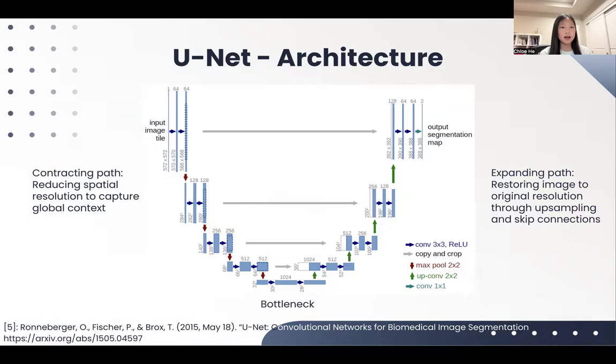How it works is that the data is passed through the contracting path, which determines what exactly is in the image. It has different blocks, and each time it reduces the resolution to focus on a bigger picture and capture the global context. After it determines what exactly is in the image, it goes through the expanding path, which restores the image to its original, high resolution.